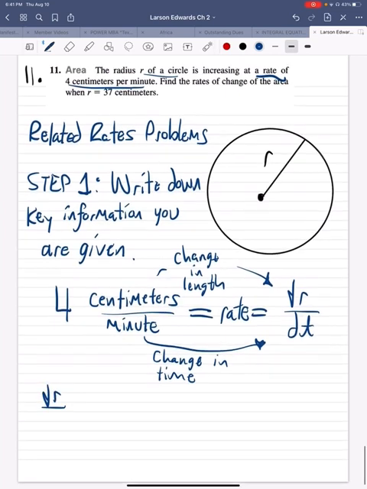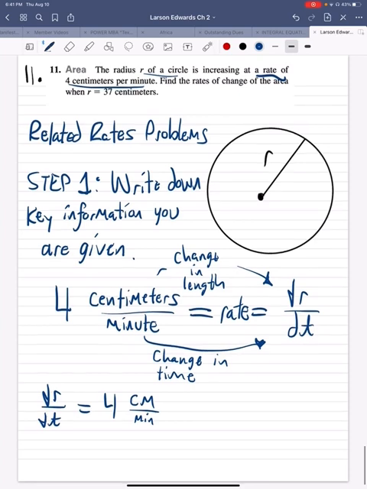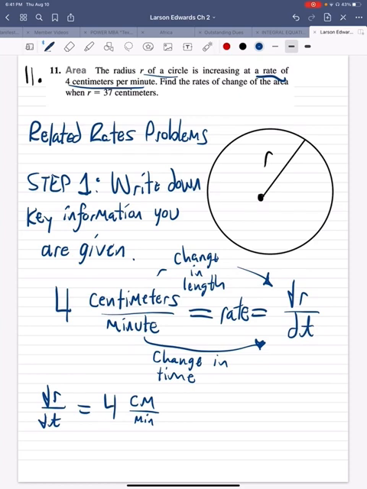So we have that dr dt is equal to 4 centimeters per minute. This is what we know. But we want to find out the rates of change of the area when r is equal to 37 centimeters. We will write that as the rate of change of area dA dt when r is equal to 37 centimeters.